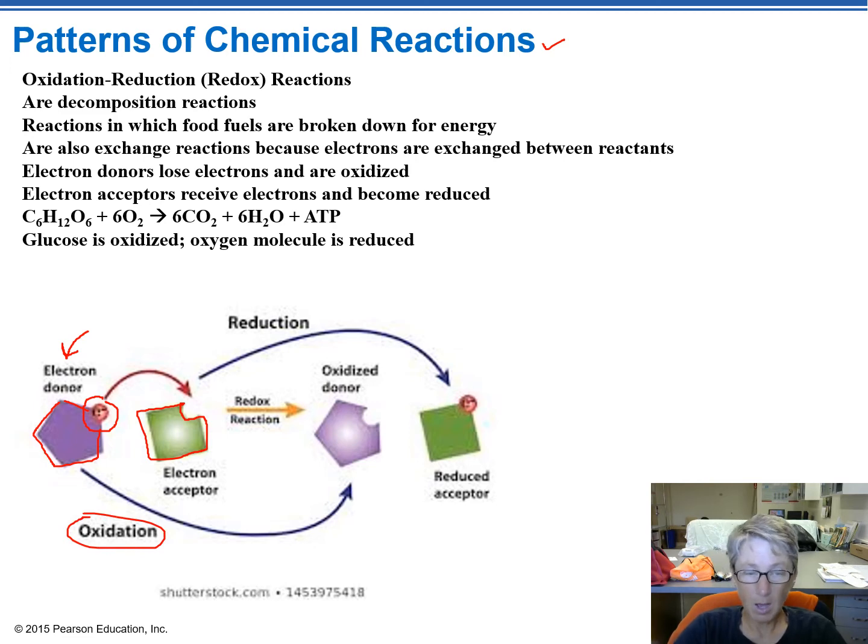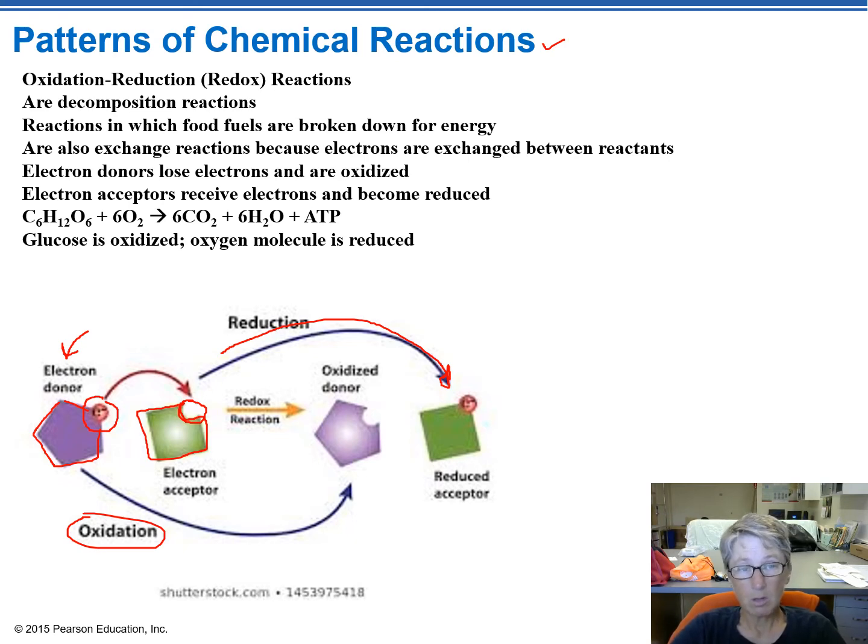And then this green guy is going to get one more negative charge than he already had. So his overall charge is going to become more negative. And that's where it gets a little confusing. But this guy that accepted the electron undergoes a process called reduction, which sounds weird. You're getting something, so this green guy is getting an electron, but he gets reduced. It sounds counterintuitive, but that's the way the game is played.